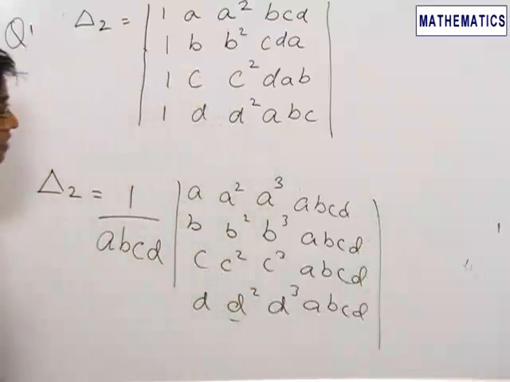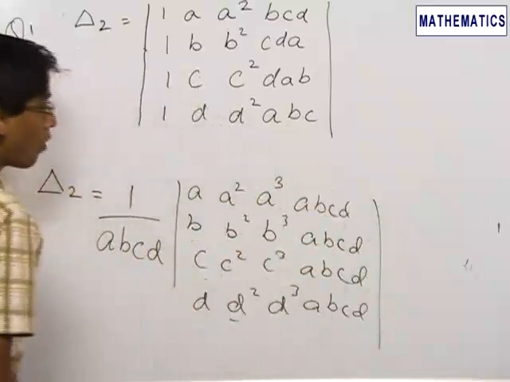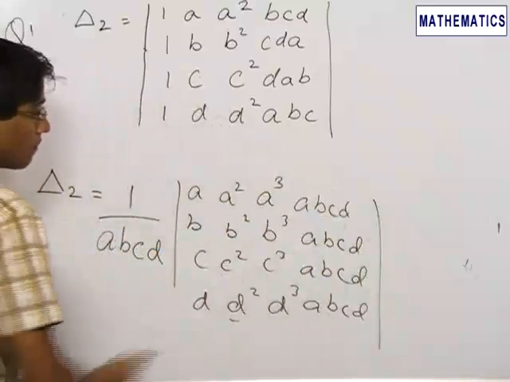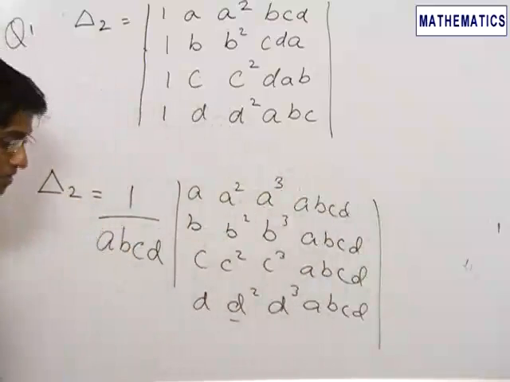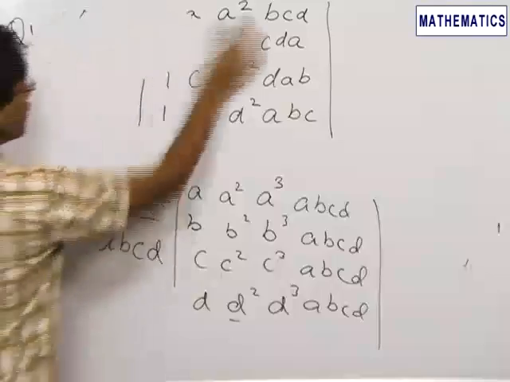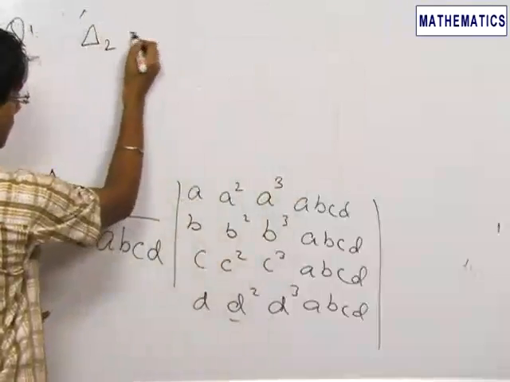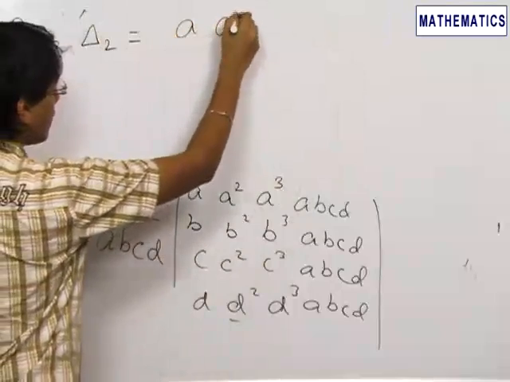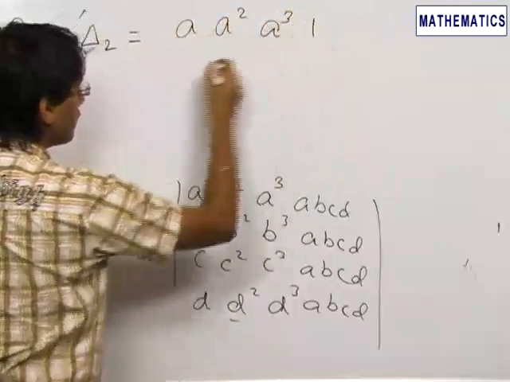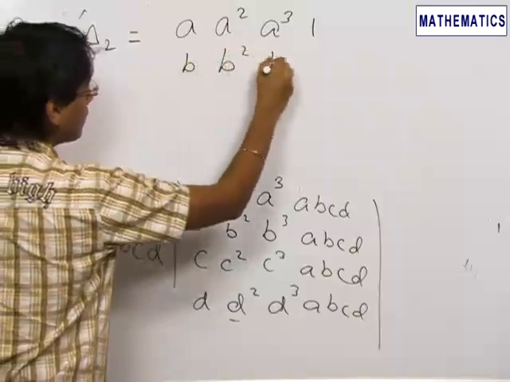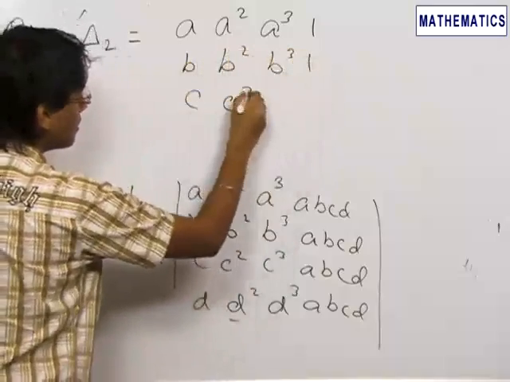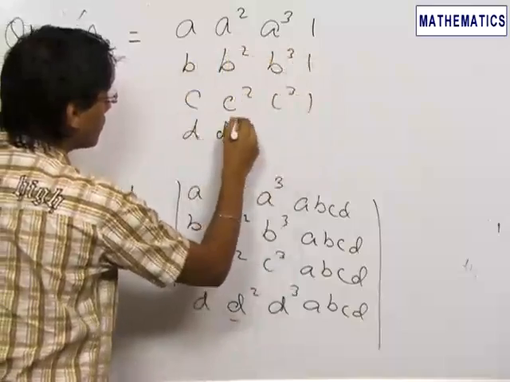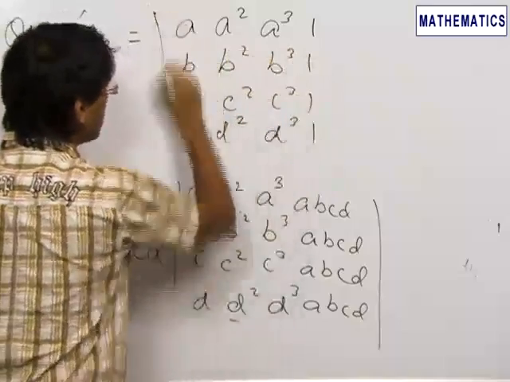Now we can take the term abcd common from the fourth column. When it comes out, it gets cancelled out with this abcd, and the value becomes a square, a cube, 1, b square, b cube, 1, c square, c cube, 1, and d square, d cube, and 1.